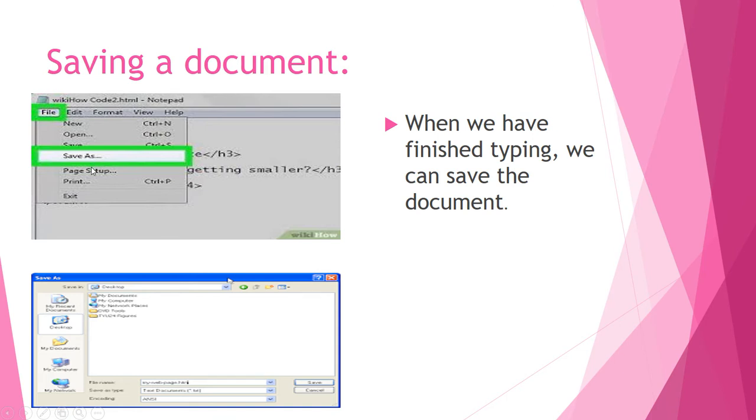We choose save as from the list, another window appears. This is called a dialog box because it wants a response from us. We think of a name for our document and type it into the file name box. We then click on the save button.